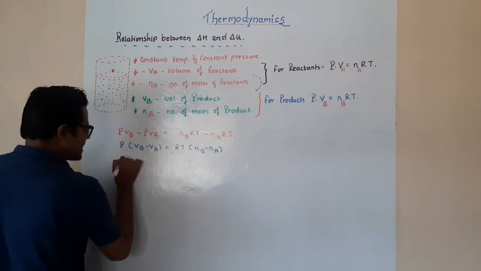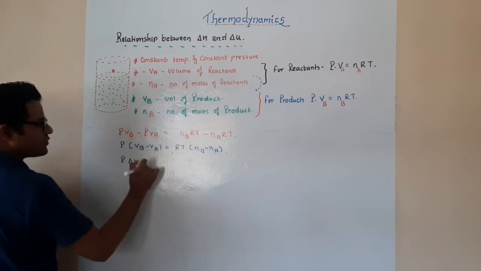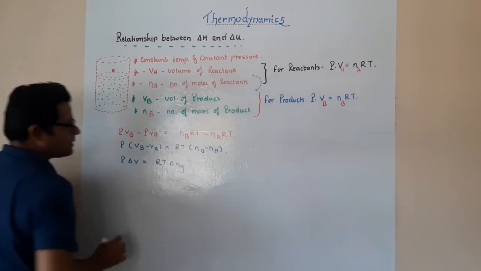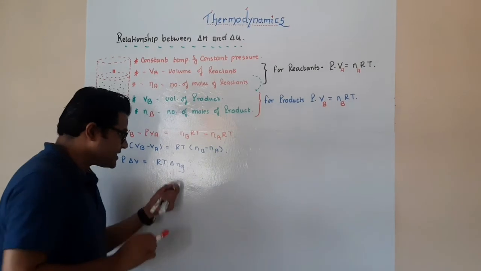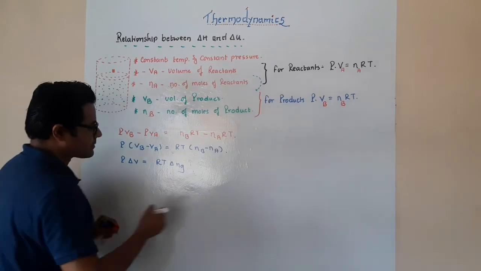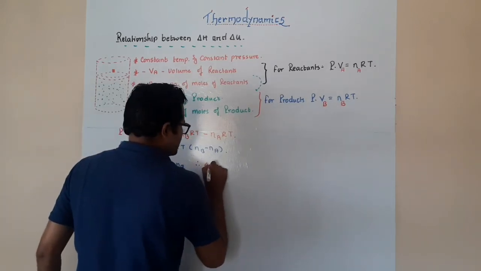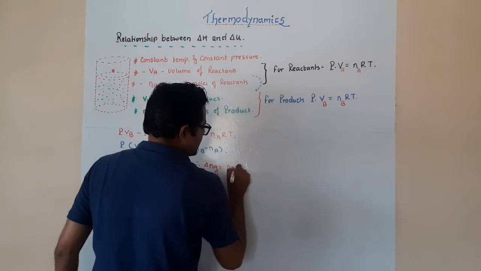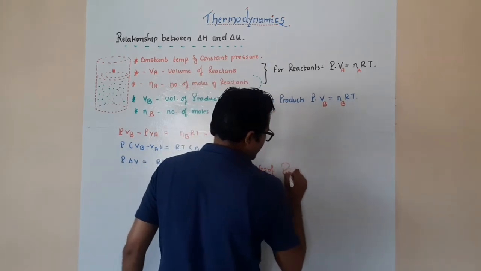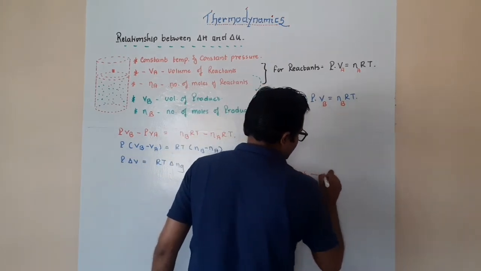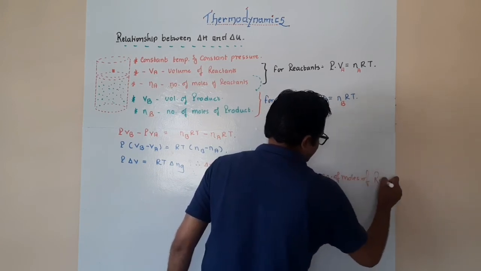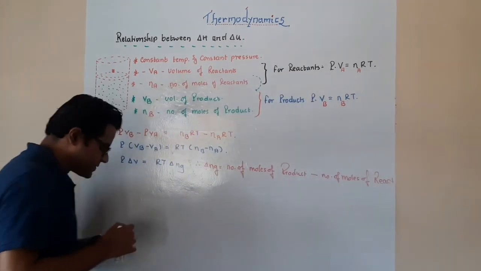Okay, so can we write this as P into delta V, that is the change in volume, is equal to RT into delta Ng. Now delta Ng is nothing more than the number of moles of product minus the number of moles of reactants. So delta Ng is equal to the number of moles of product minus the number of moles of reactants. Okay, so let's keep this.